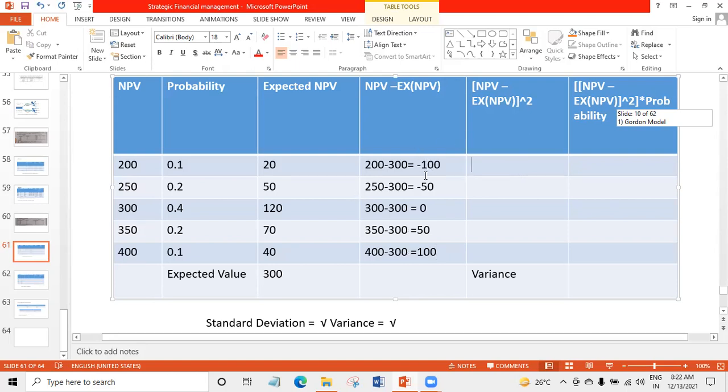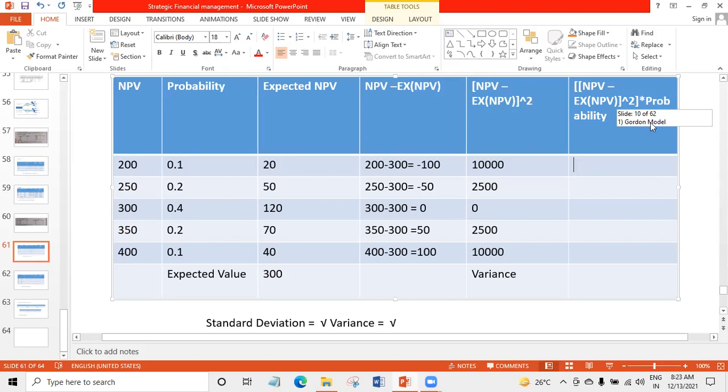If you make a square of minus 100 into minus 100, the minus sign will not be reflected; minus minus will get cancelled. Minus 100 into minus 100 is 10,000, a positive answer. Next, minus 50 into minus 50, 2,500. The square of 0 is 0, the square of 50 is 2,500, the square of 100 is 10,000.